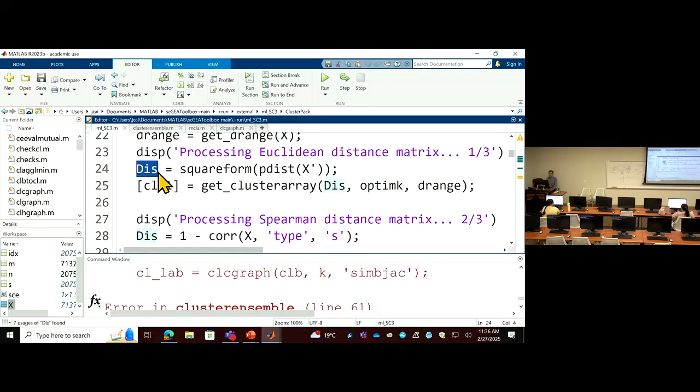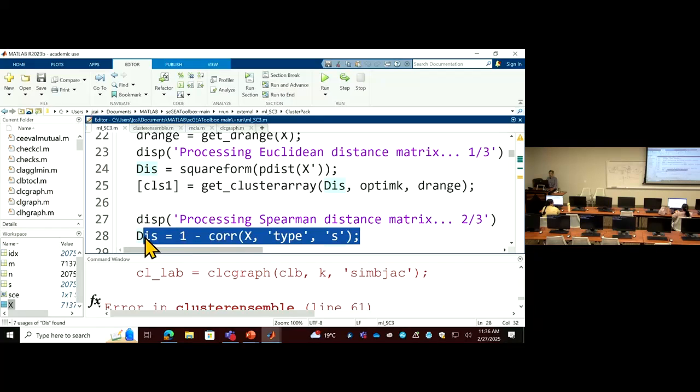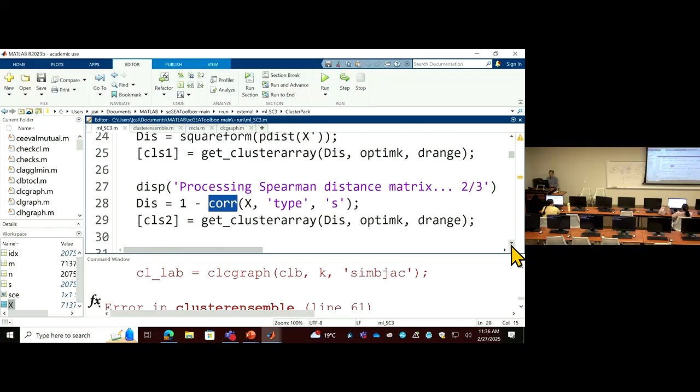So this is a Euclidean distance matrix. Then start to compute the distance using Spearman correlation. So this is a correlation function. Compute the pairwise Spearman correlation coefficient between two cells. If these two cells have all the genes co-expressed, then the correlation is large.